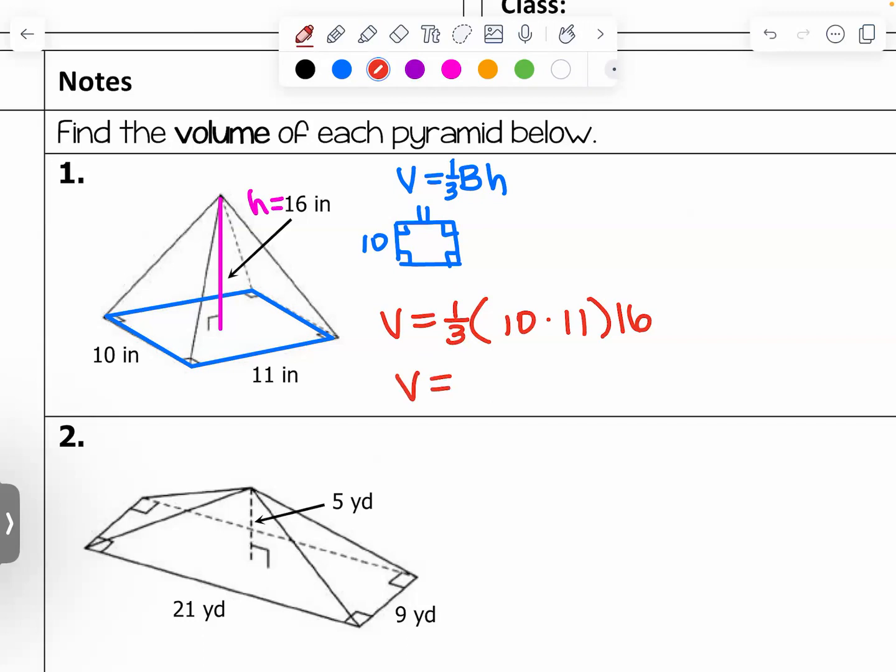10 times 11 times 16 would just be like a prism, right?